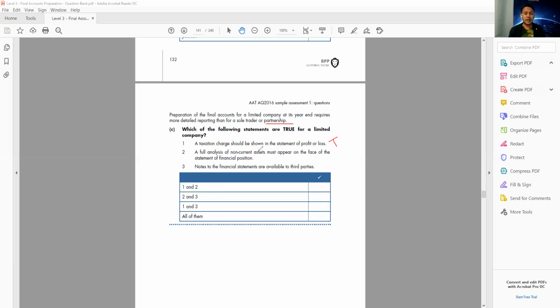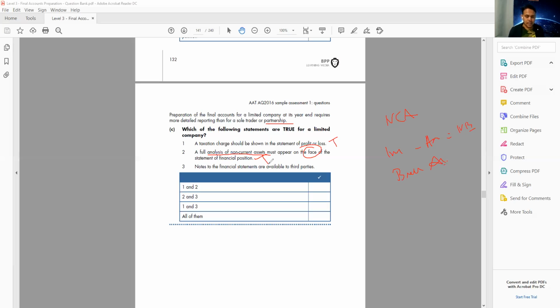We don't show the analysis on the face of the statement of financial position. We just say our asset is 1 million minus accumulated depreciation, giving the net book value. We don't give any breakdown here. No analysis here. So it's false.